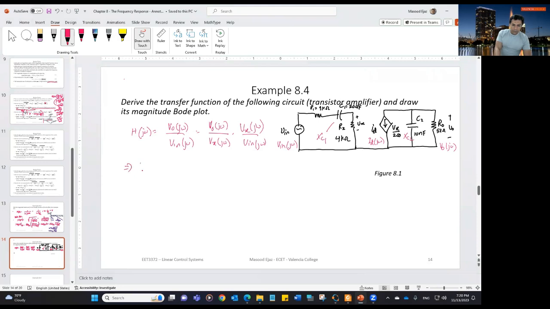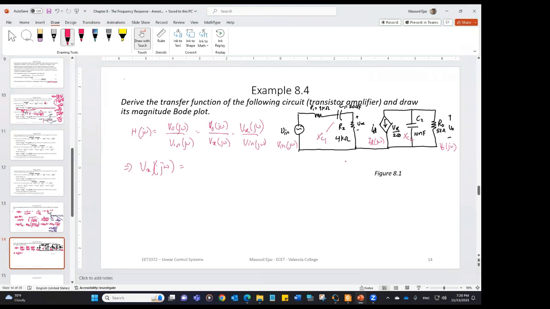As Josh said, Vx j omega using voltage division is going to be what? Shouldn't it just be the Rx over top of all of your resistor, your capacitor, and Rx?